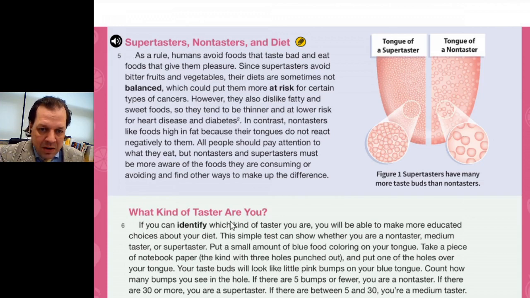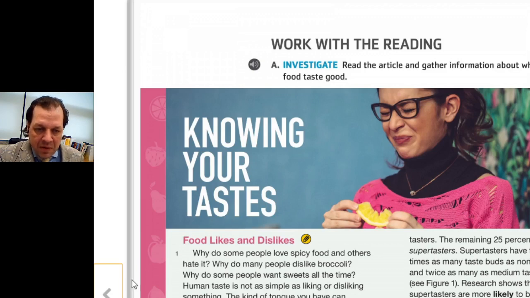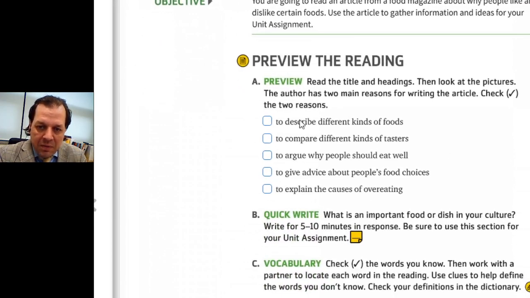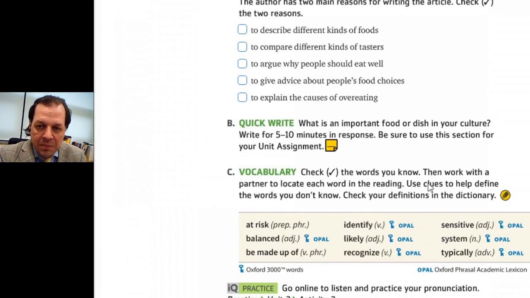And then, what kind of taster are you? So in each of these headings, you have an idea of what they're going to talk about in the following paragraph. And that should give you a good idea of what you think the main reason, or 2 reasons, the author had for writing the article.